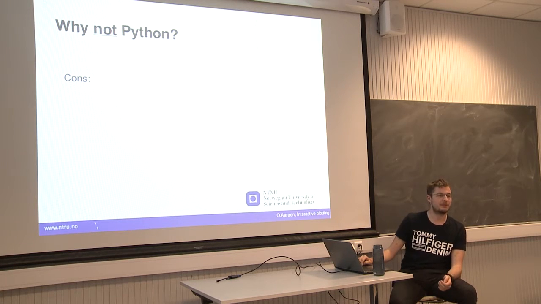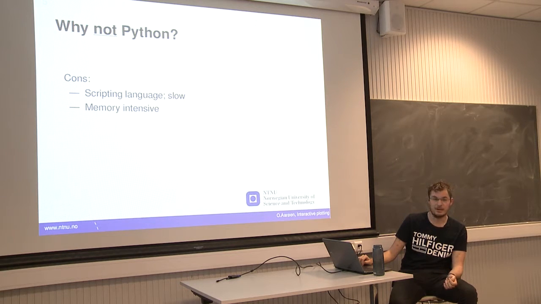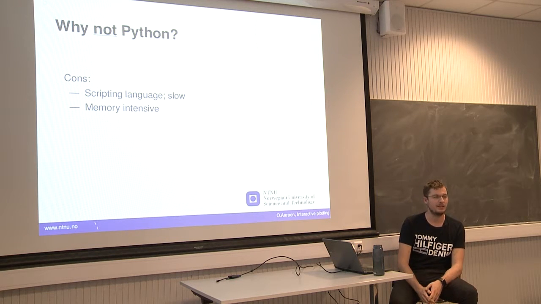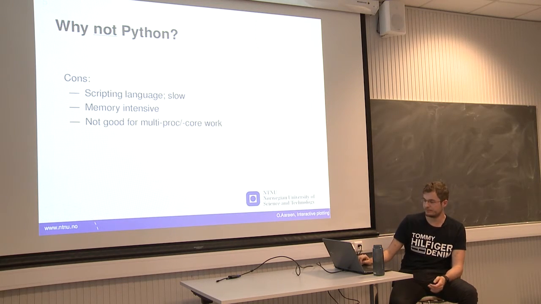However, there are also some cons to using Python. As it is a scripting language, it will be relatively much slower than others, such as C or Fortran. It's quite memory intensive. You don't allocate your memory at the beginning, so you just keep adding on stuff. And this again ties back to it being slow. The multiprocessing or parallel programming part of Python is really, really bad.